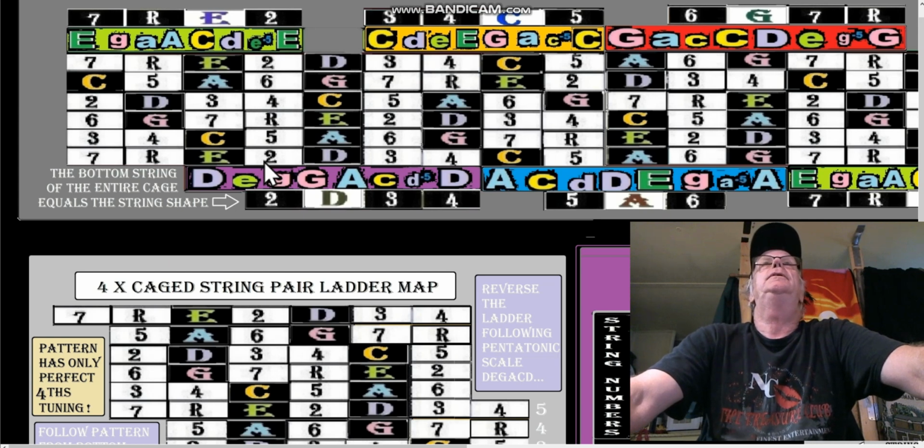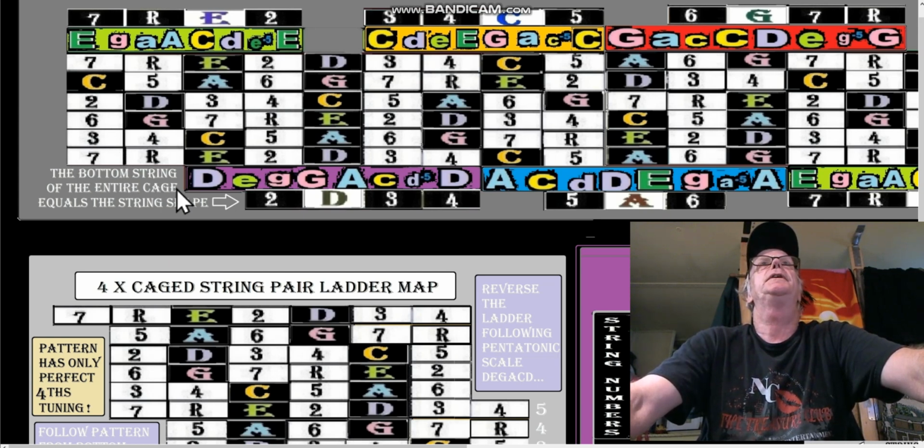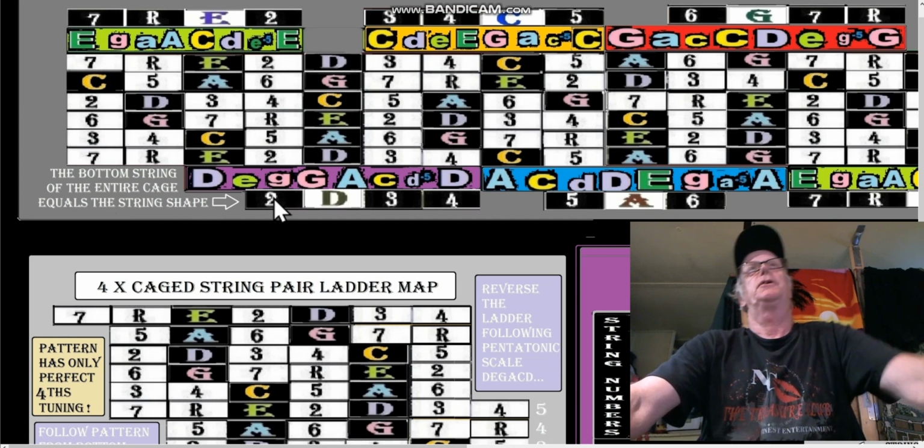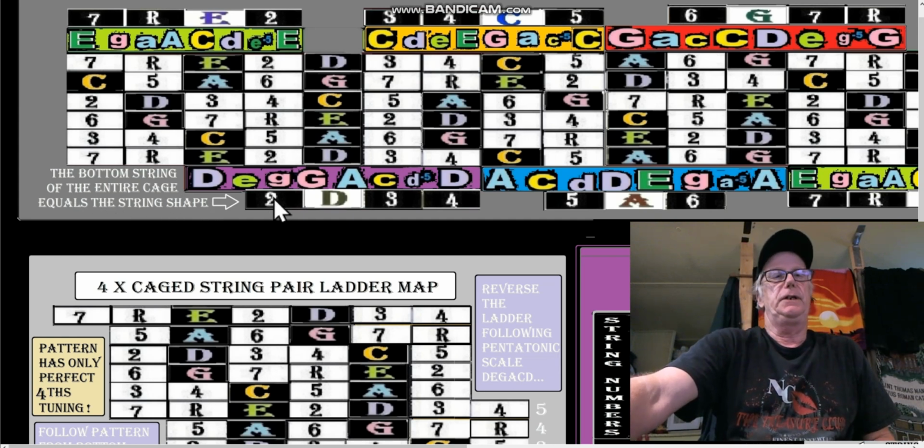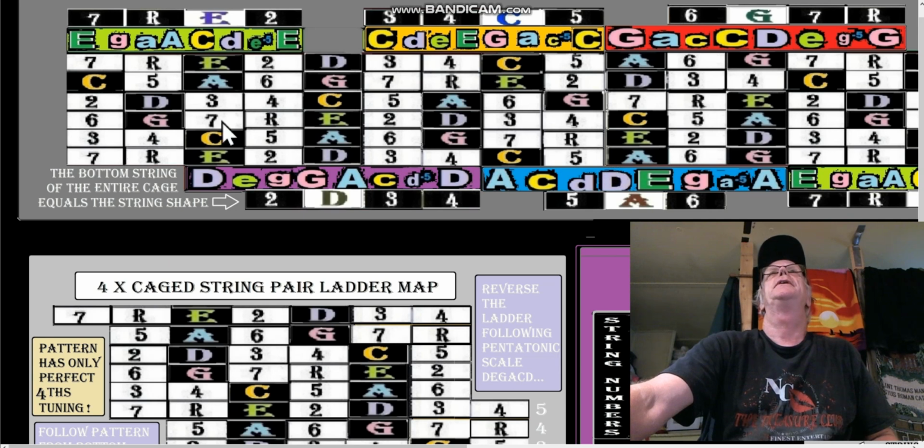So the string shapes are defined as the bottom string of the entire cage equals the string shape number. Now, here's a good thing about guitar. The top string and the bottom string are the same. They're not tuned to the same, but one is 2 octaves above the other.